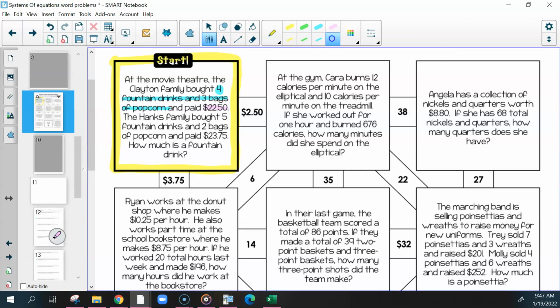The other family bought popcorn and 5 popcorn drinks. And then, what are we looking for? How much is a fountain drink? So we're not looking for the cost of the popcorn, but just the fountain drink.